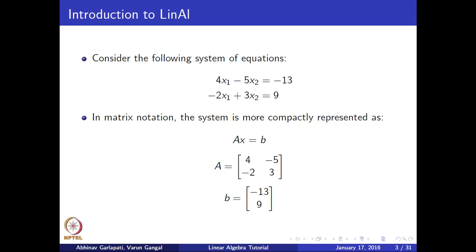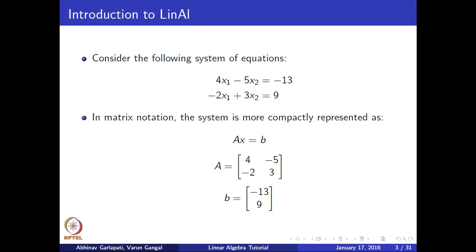To solve this in general without matrices, you would first solve for one variable and then substitute to get the other. But using matrices you can solve this directly. Just multiply both sides by A inverse, and you get x as A inverse B. Of course, the nuance you have to care about is that not all matrices have an inverse, but in most cases they do.